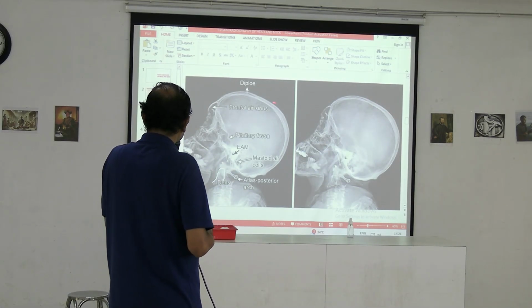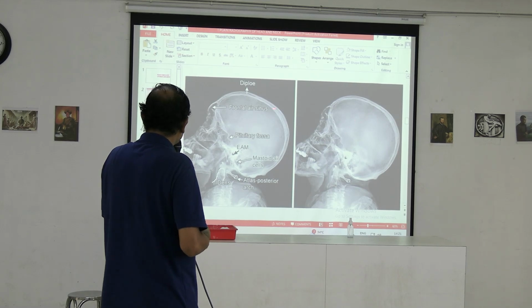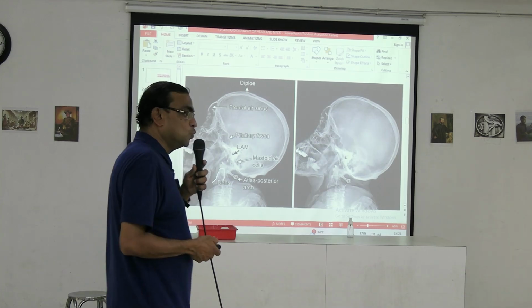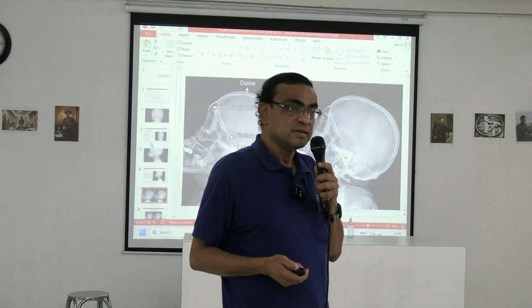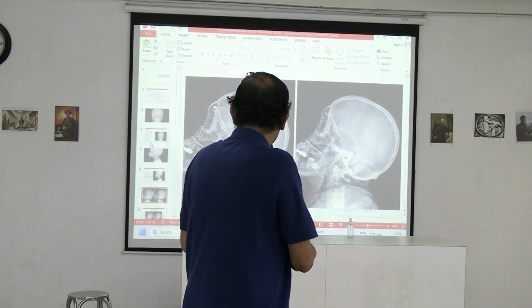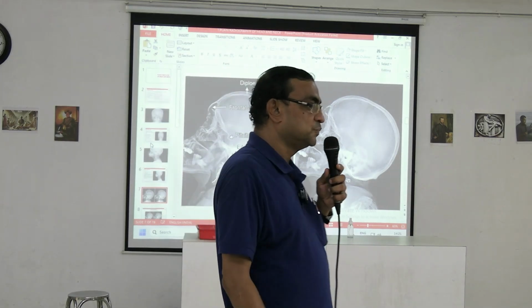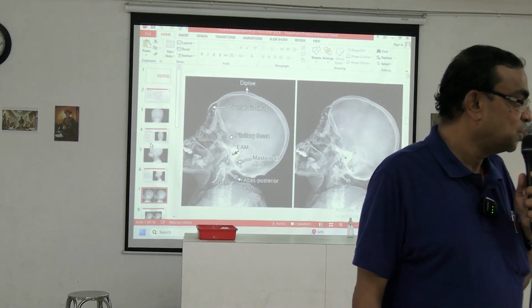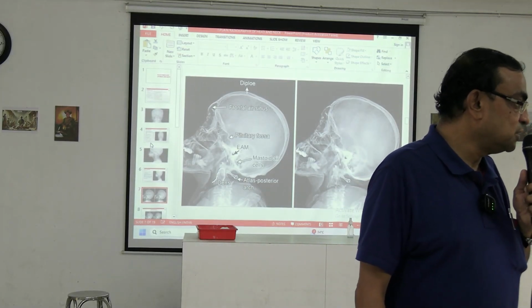Here we can get sometimes the coronal suture. Similarly we can get the diploe tissue. In between the outer and inner table we can get the diploe tissue. Flat bone is there.